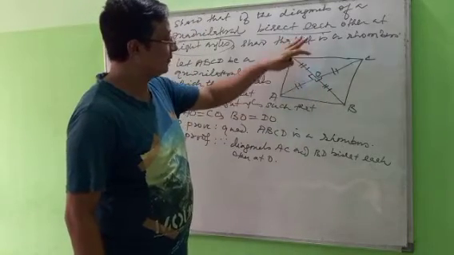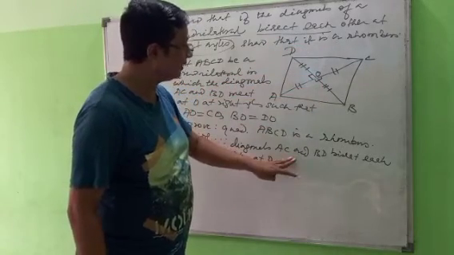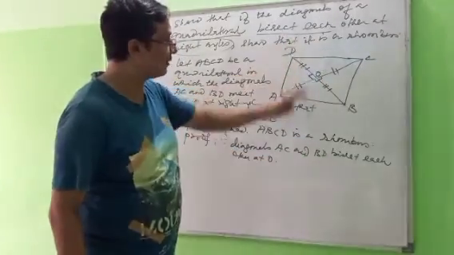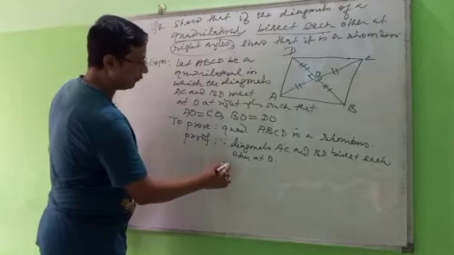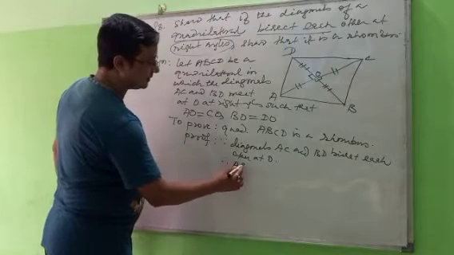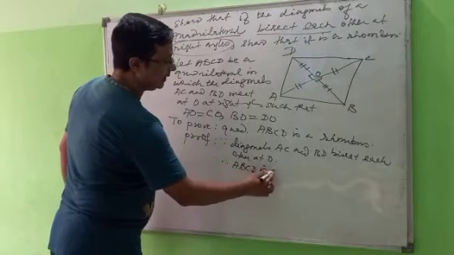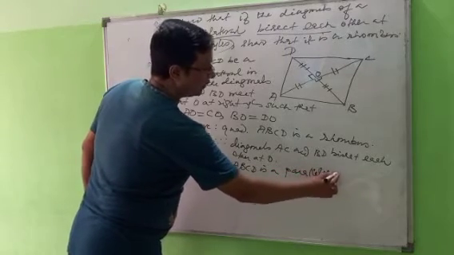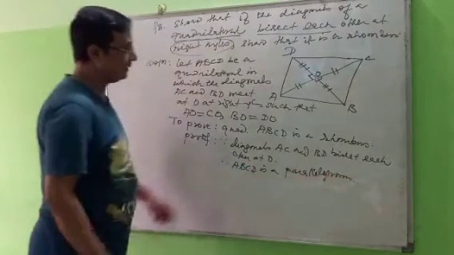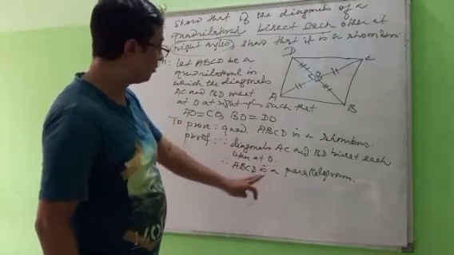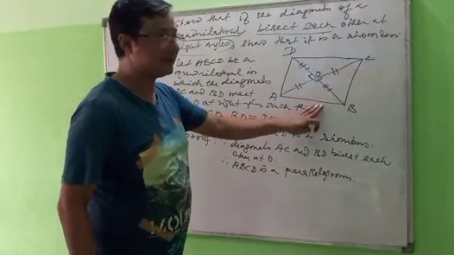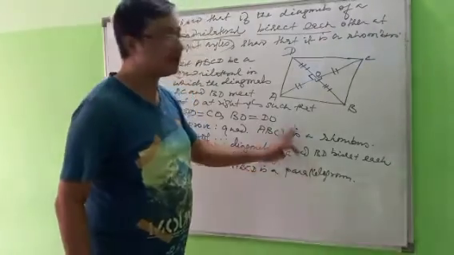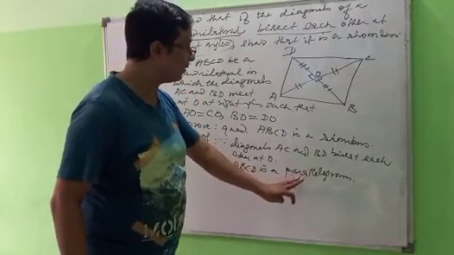That is why from this condition you have got that the quadrilateral ABCD is a parallelogram. This is one of the conditions for the quadrilateral to be a parallelogram.